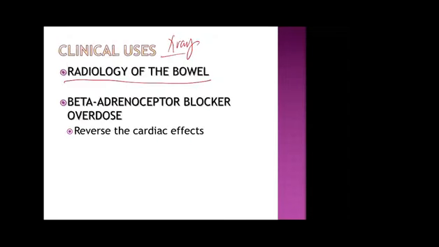And finally, it is considered an antidote for beta blocker poisoning, meaning an overdose of beta blocker. It is expected that with a beta blocker overdose, the cAMP in the patient is too low. What did we say about the action of glucagon?